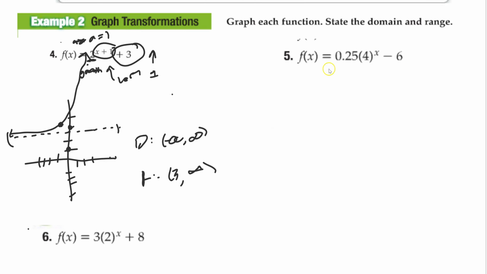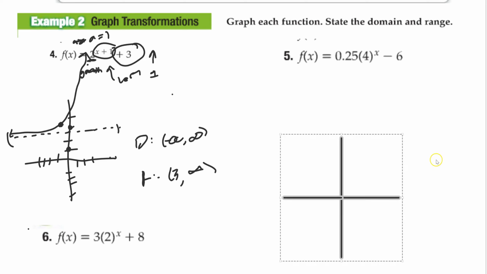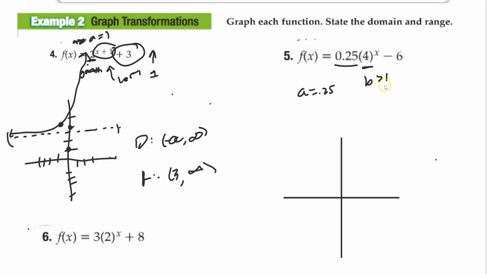Same idea. So let's draw, what's my table at? Okay, so let's find our A first. A is this. A is 0.25. My B, all I care about is greater than 1, it's a growth. Then I have my vertical shift, and also my horizontal asymptote.